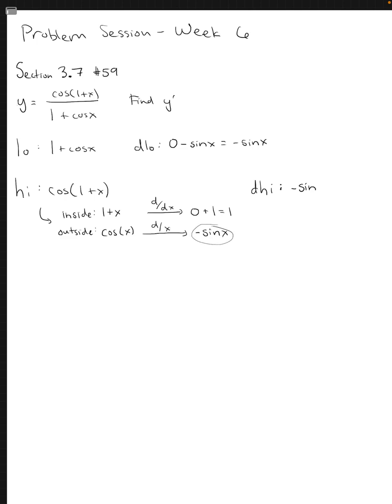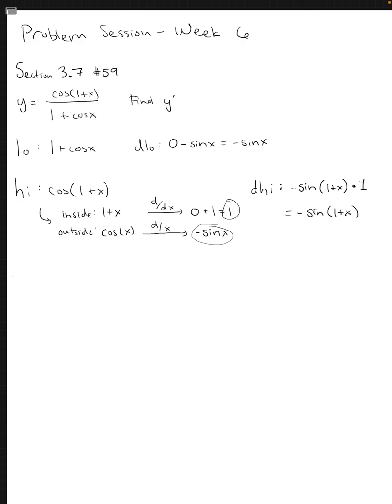So it's not negative sine x, it's negative sine of 1 plus x, because we got to plug that inside back in, times the derivative of the inside. All right, so negative sine of 1 plus x, because multiplying by 1 doesn't change anything.